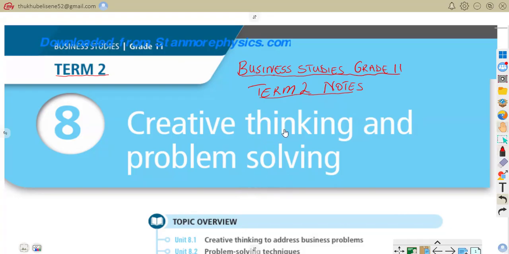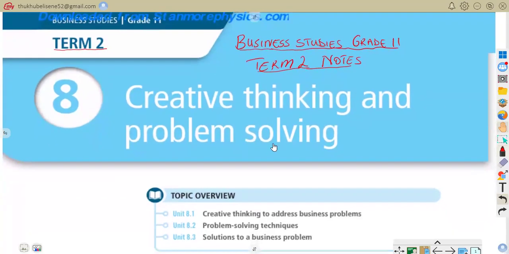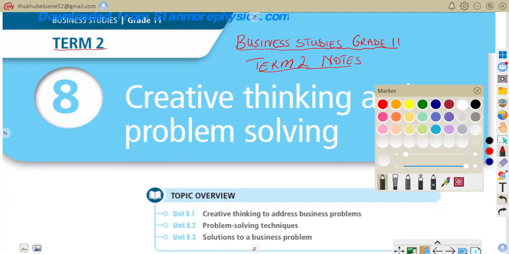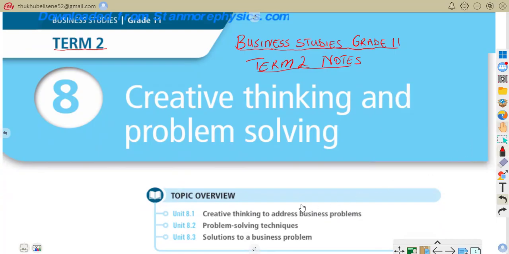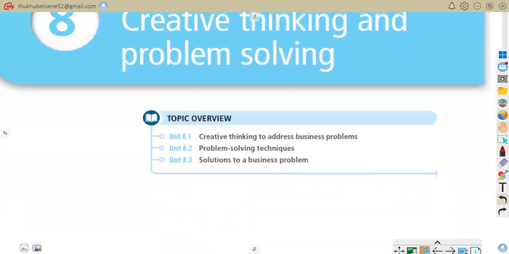We are still on Business Studies Grade 11, Term 2 notes, under Creative Thinking and Problem Solving. So now we are going to discuss Unit 8.2, where we look at problem solving techniques.